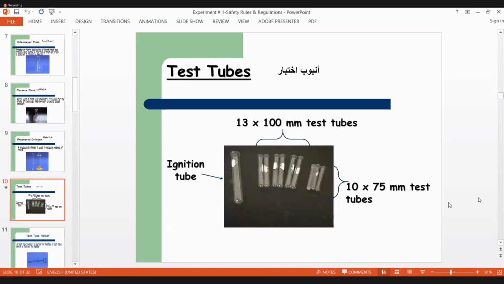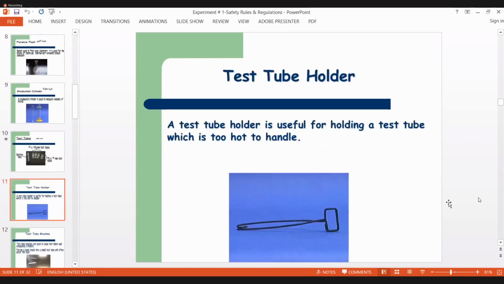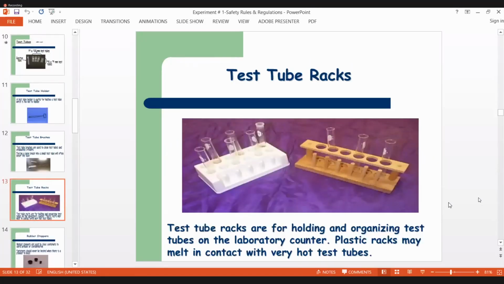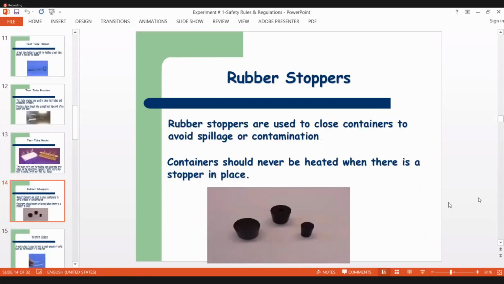These are the test tubes. You use them just to put the salt, a solid or a liquid, into the tube for testing. This is the test tube holder. These are the brushes to clean the test tube. These are the test tube racks, either plastic or wooden.